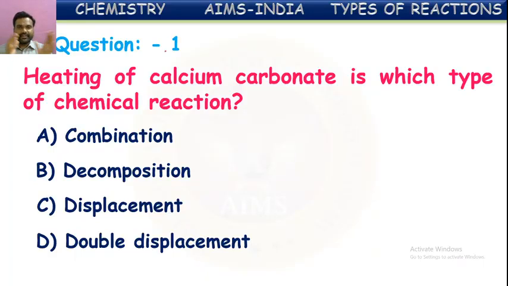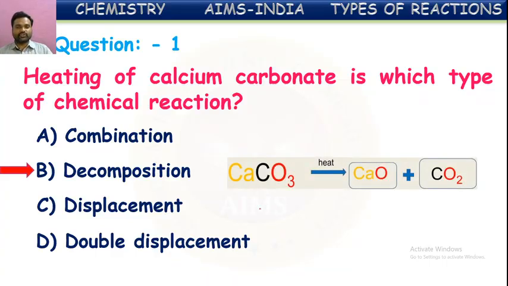We can say a compound splits into two or more simpler substances. This is the definition for, yes, many of you are giving the correct answer. It is decomposition reaction.